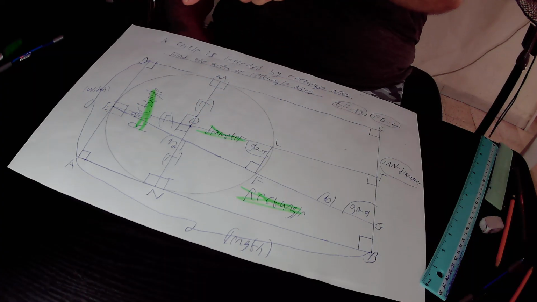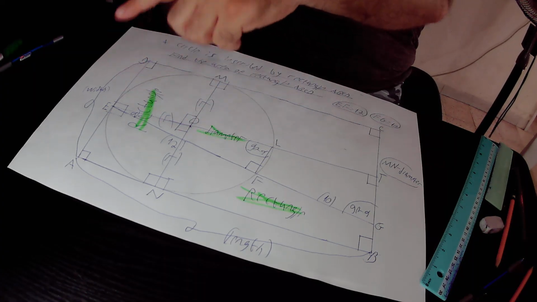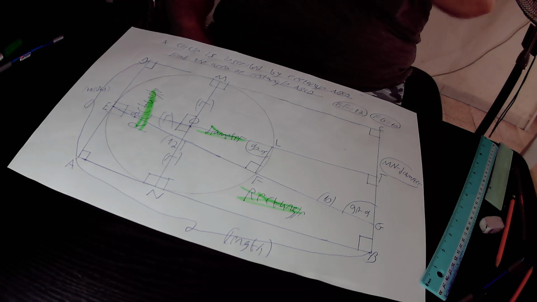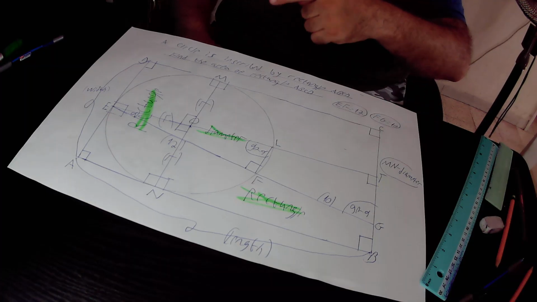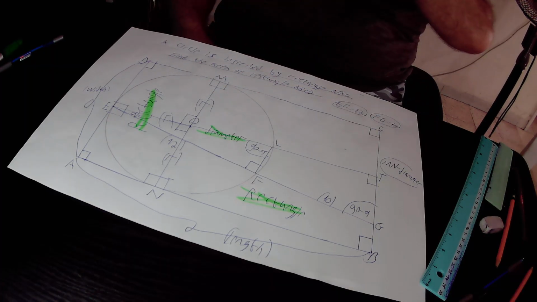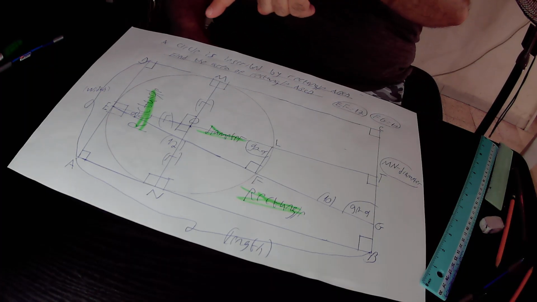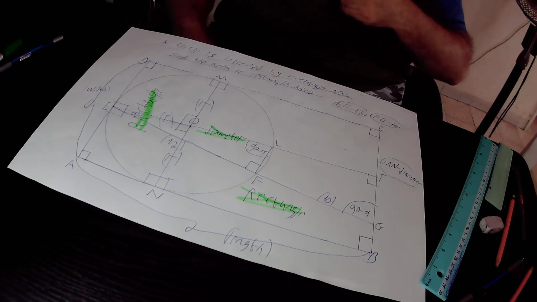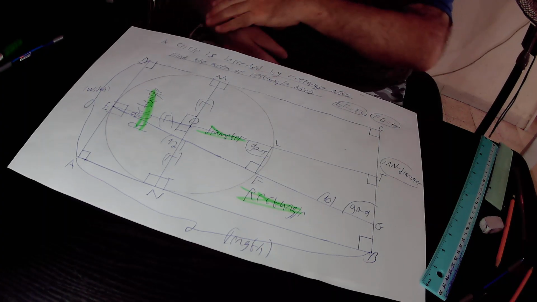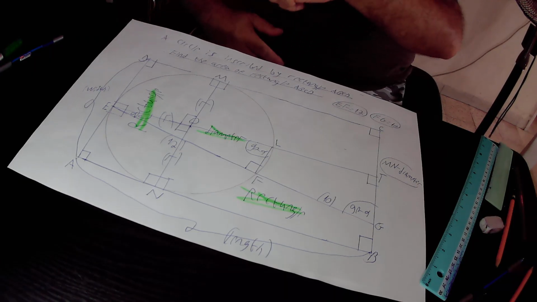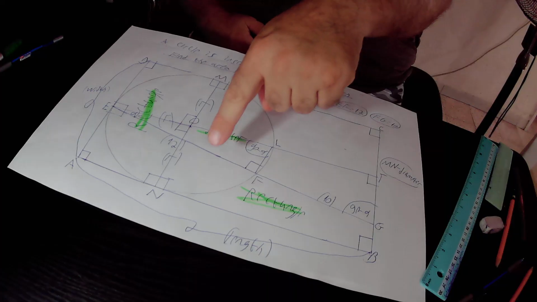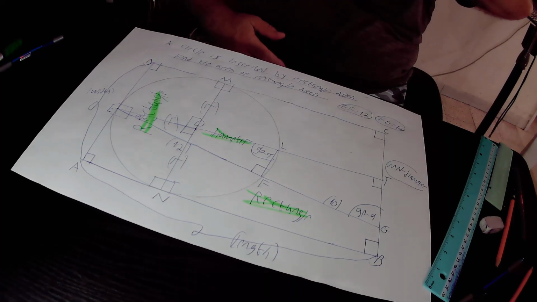Therefore, the shape DMNA consists of 4 sides, 1, 2, 3, 4, and therefore shape DMNA is a quadrangle. It is a quadrangle that has 4 right angles, and according to rule 5, any quadrangle that has 4 right angles must be a rectangle if not a square. So we relate to the big quadrangle DMNA as a rectangle because it has 4 right angles.